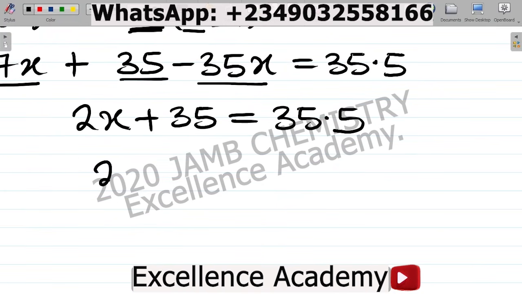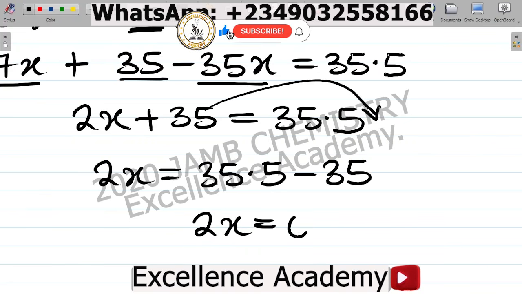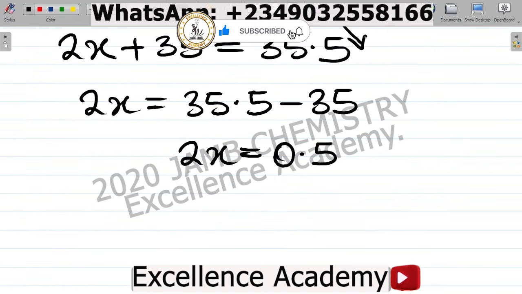Next up, move this over here. We have that 2x is equal to 35.5, and this 35 moves over here and becomes minus 35. Again, we have 2x is equal to 35.5 minus 35, which gives you 0.5. So 2x is equal to 0.5. Divide here by 2, divide here by 2.